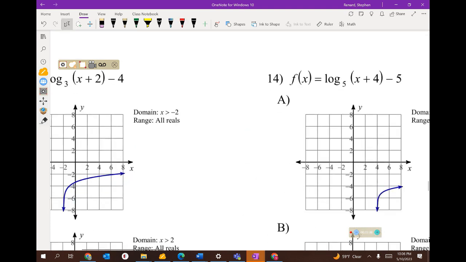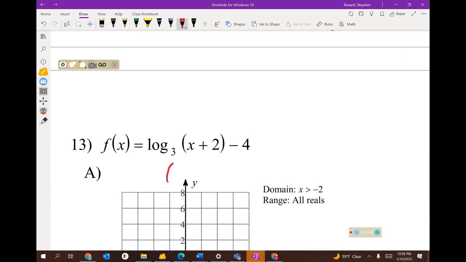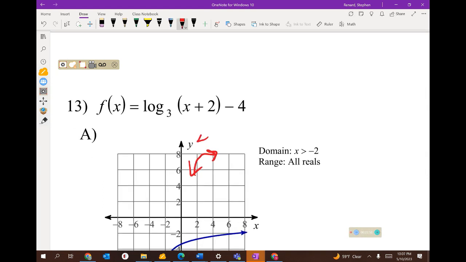Got 2 more. Again, it's a 3. It's up like this. Apparently want to be over there. It moves 2 to the left. What's going on here? To the left, 4 down.